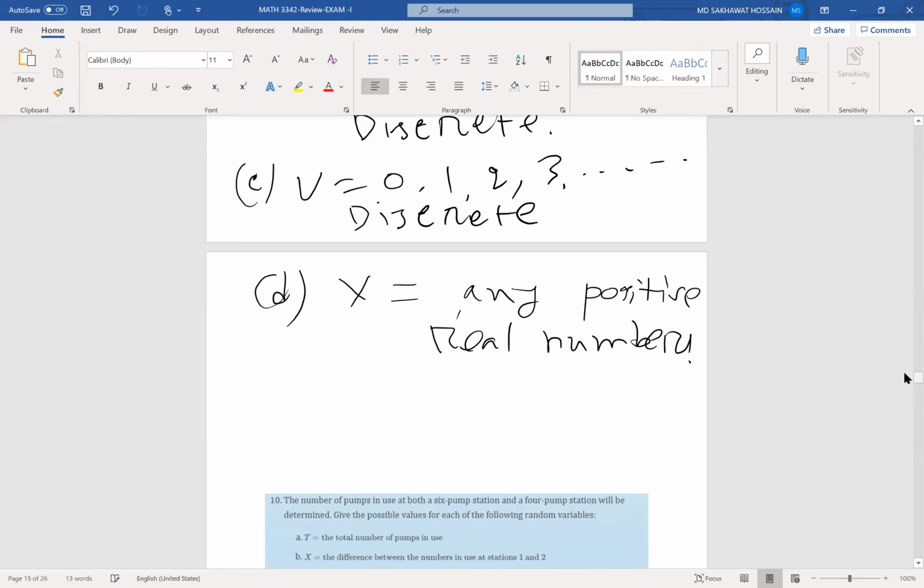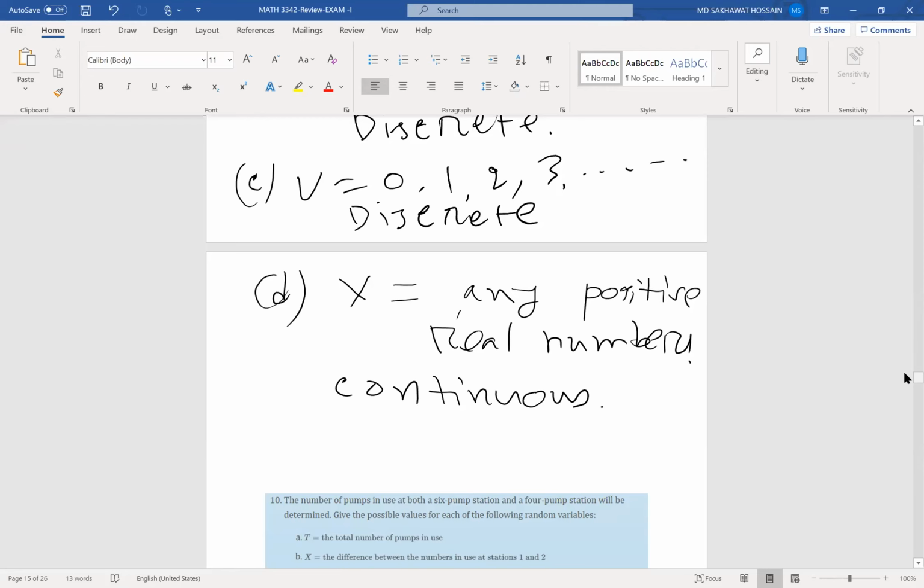So it could be 0.1, 0.2, 0.3, 0.5, 0.6, 1, 2, 1.2, 1.3. It can take positive integers or fractional numbers. So that's why this is a continuous random variable.